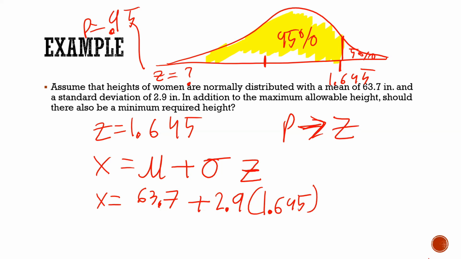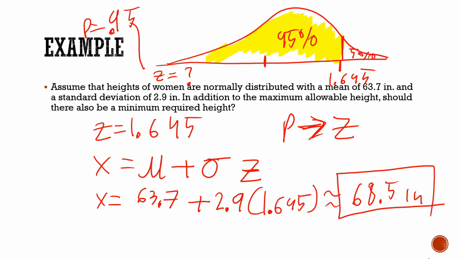So when you do that, you end up with roughly 68.5 inches, which is about 5'8.5".